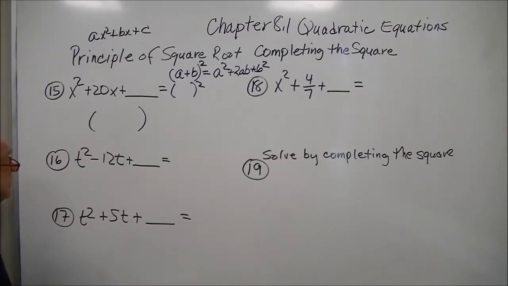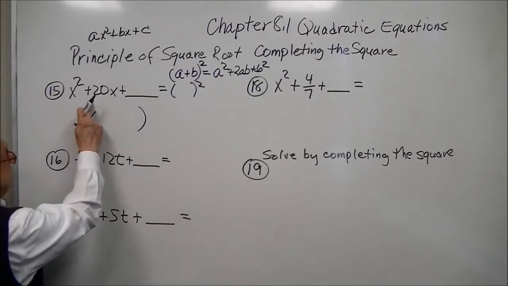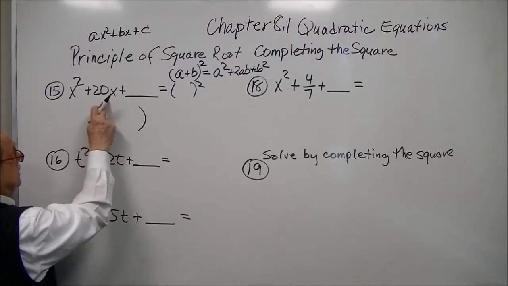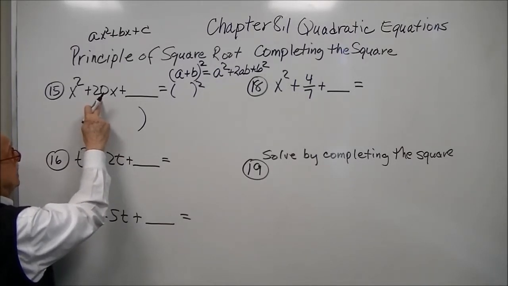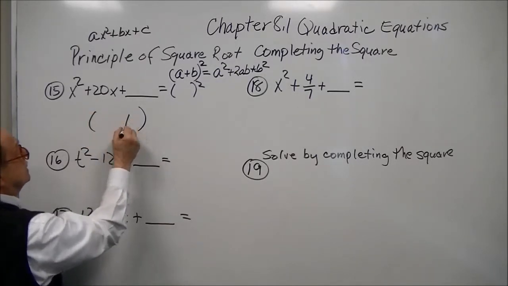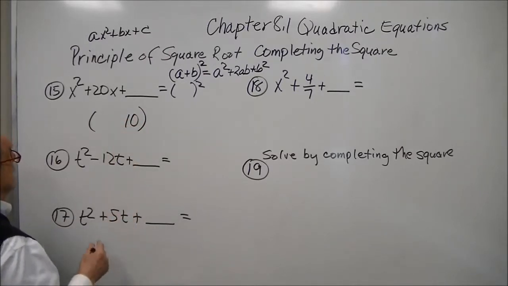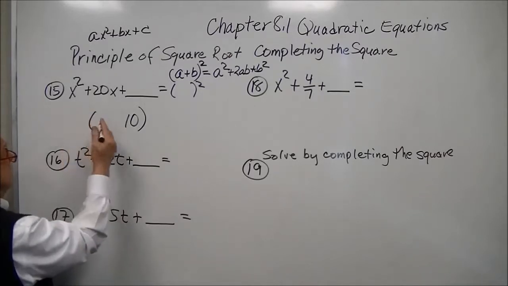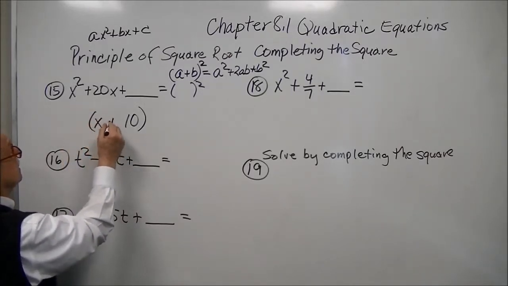Think about it. And the answer is divide by 2. So if we divide by 2 here, what will that give us? That's going to give us a 10. And this is just going to be x.